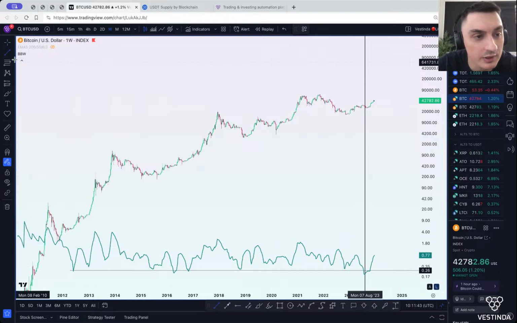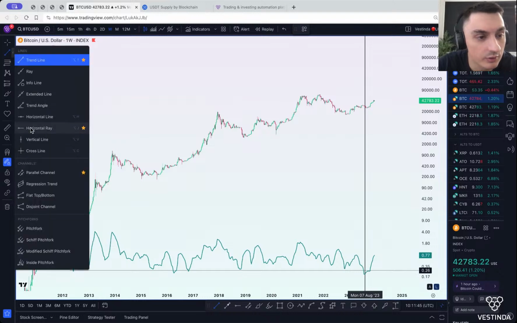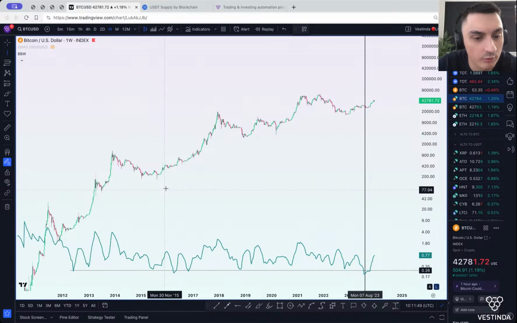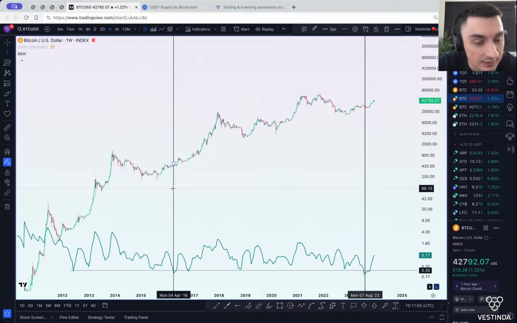And such a big divergence is a strong indicator that price will probably go higher. So last time, let me highlight for you, last time we had a similar Bollinger Band width was in April 2016, and pretty much the same price action. We saw that the price here is not bottoming, it's actually rising, which is a really strong divergence on this indicator again.